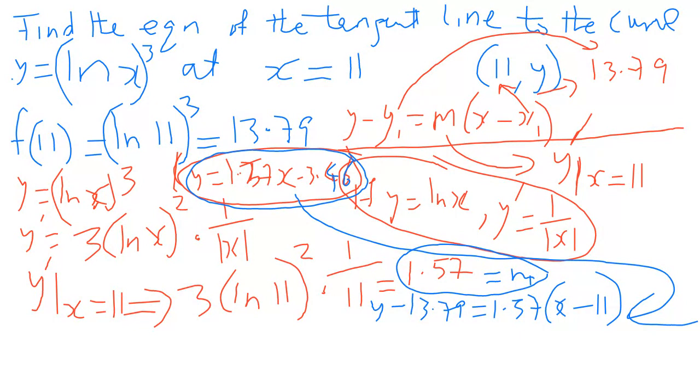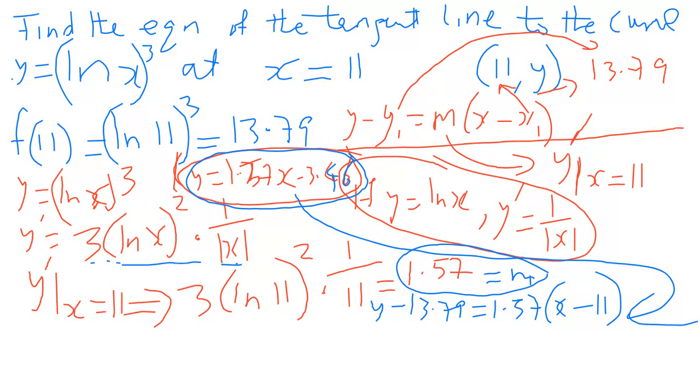And the next thing I want to do is find the slope of the tangent line. The slope of the tangent line is the derivative of that function. I found the derivative of that function, that is it here. Then evaluate at 11, which is x.